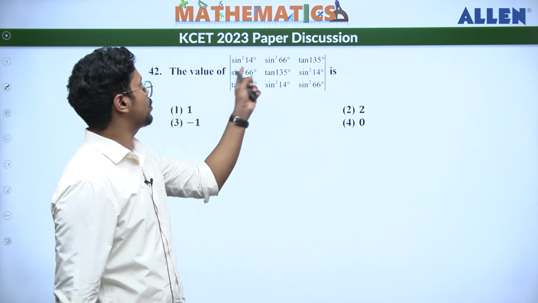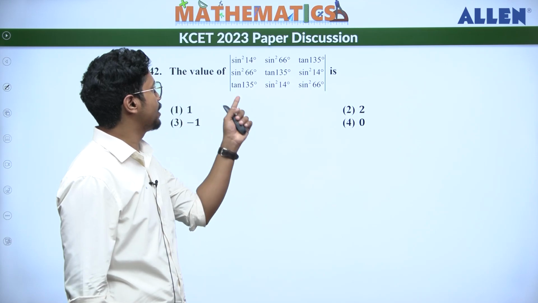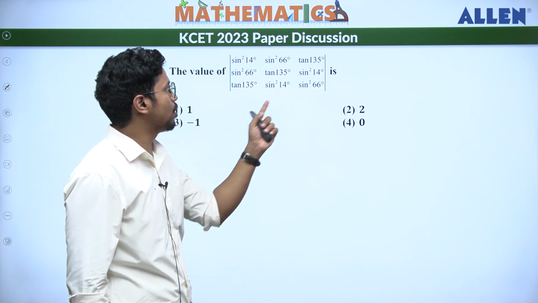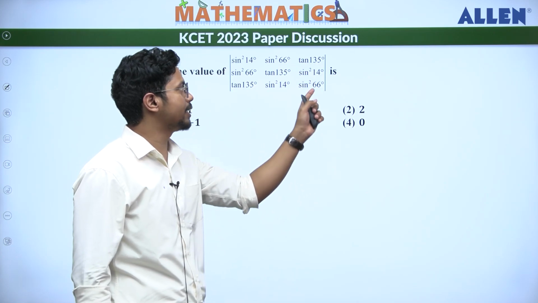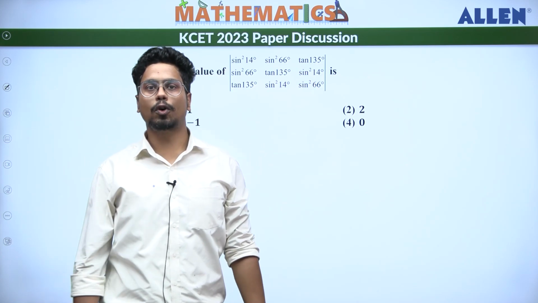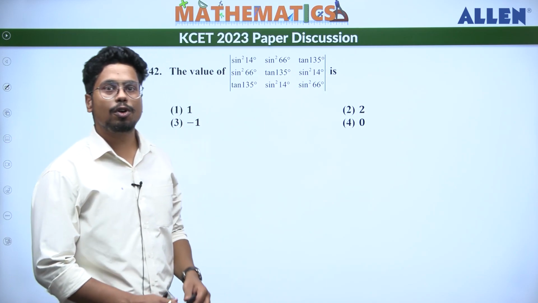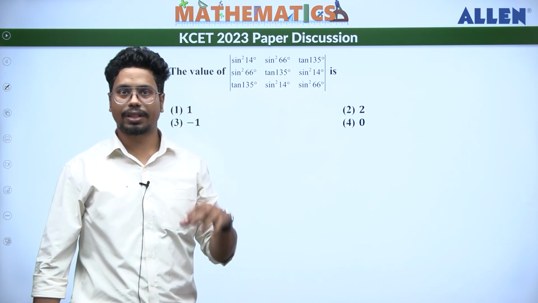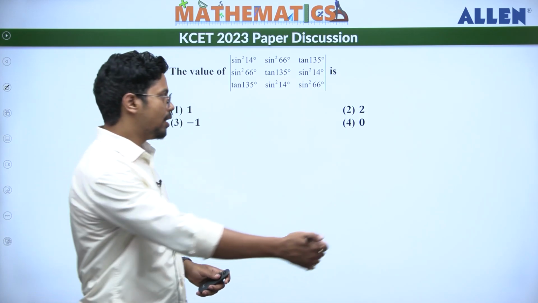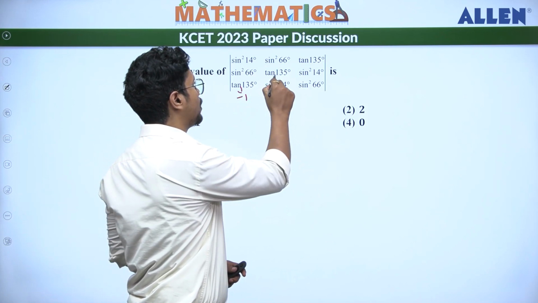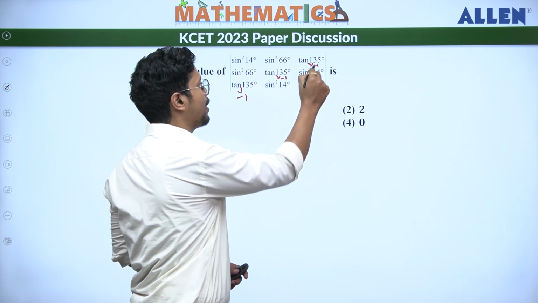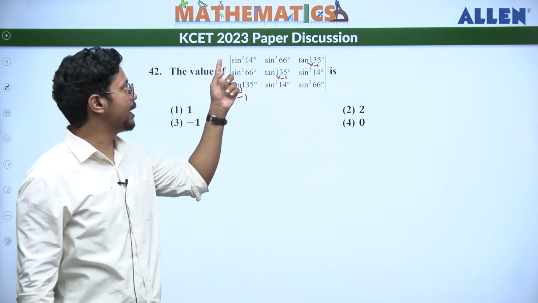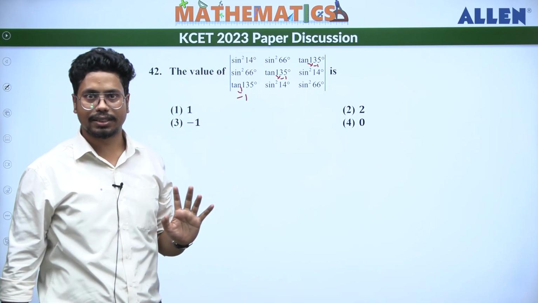This question has a determinant with entries sin square 14, sin square 66 degree, tan 135 degree, and so on. Now, if you try to apply any property, there must be some connection between the row elements and column elements. For example, if this entry is minus 1 or some property is specified, then adding row 1 and row 2 gives sin square 14 plus sin square 66.